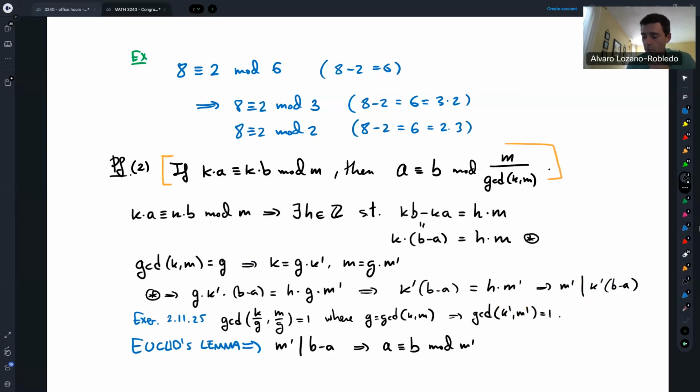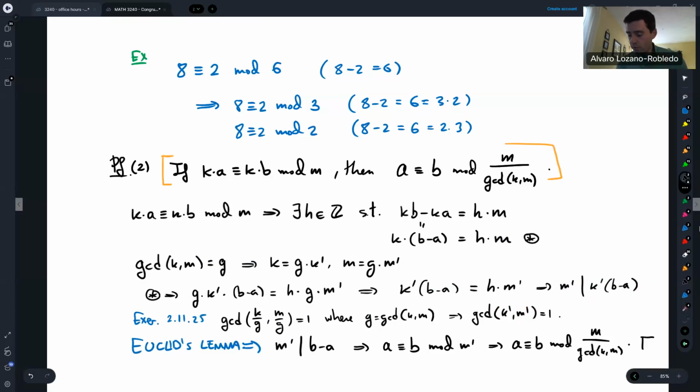Okay, but what is M prime? M prime is M divided by G, so A is congruent to B modulo M over G, and G is the GCD of K and M, which is what we wanted to prove.